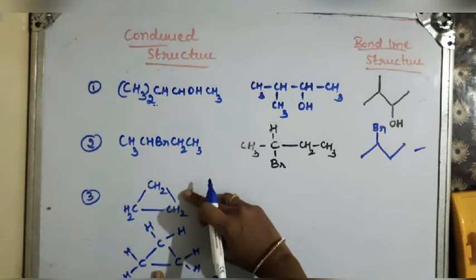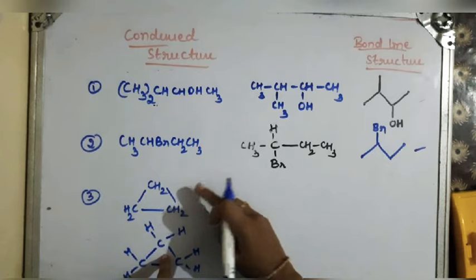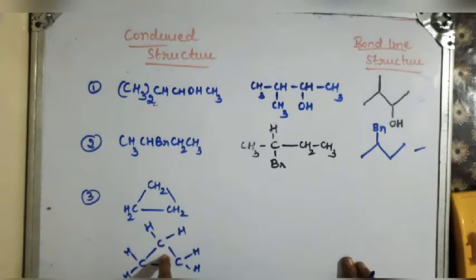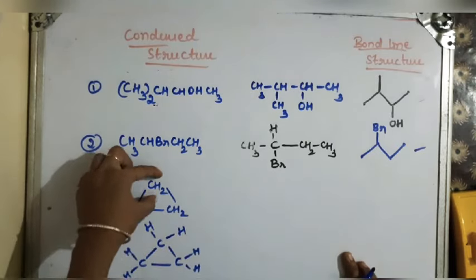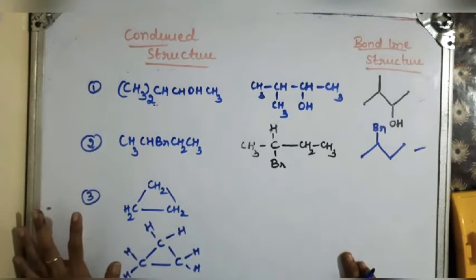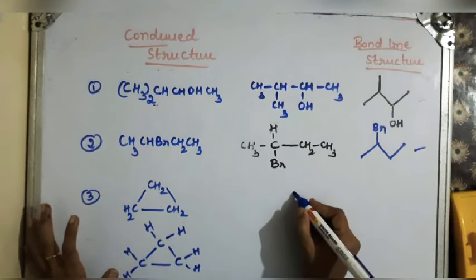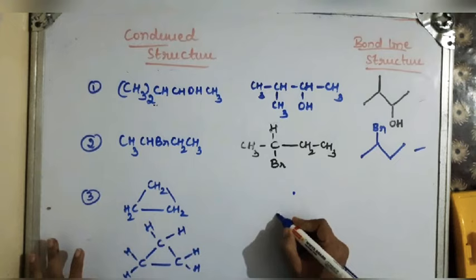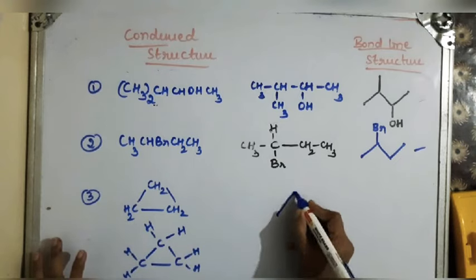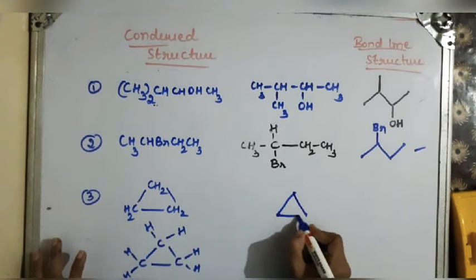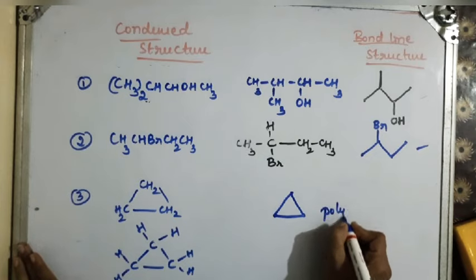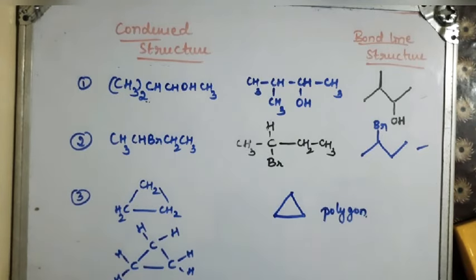This is the condensed structure. Okay, so if asked to draw the bond line structure for this, what will you write? You should not show the carbon and hydrogen. Instead, what do we show? We show points. So what is there here? 3 carbons are arranged in a cyclic manner. Such single bond structures are called polygon structures for the cyclic compounds. They are called polygon formulas.